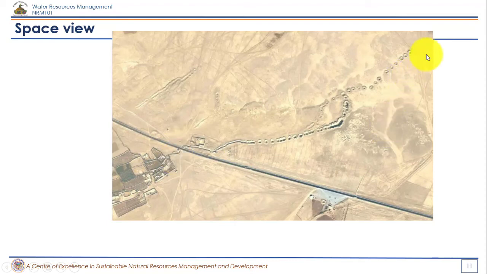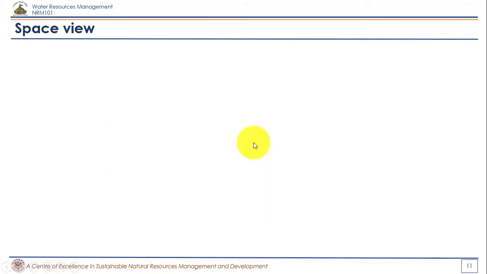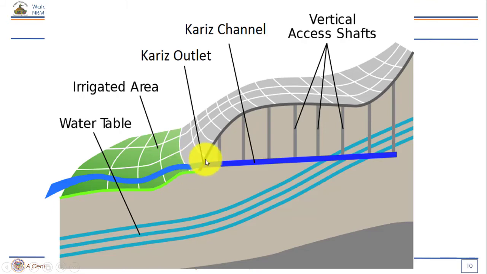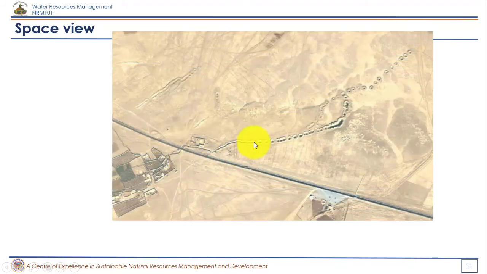But because of this ingenuity, a series of wells are connected, and underneath these wells there is a tunnel that leads water to this point, where it intersects with the surface. From this area surface water flows, and it is used for drinking, irrigation, and other purposes in these settlements.